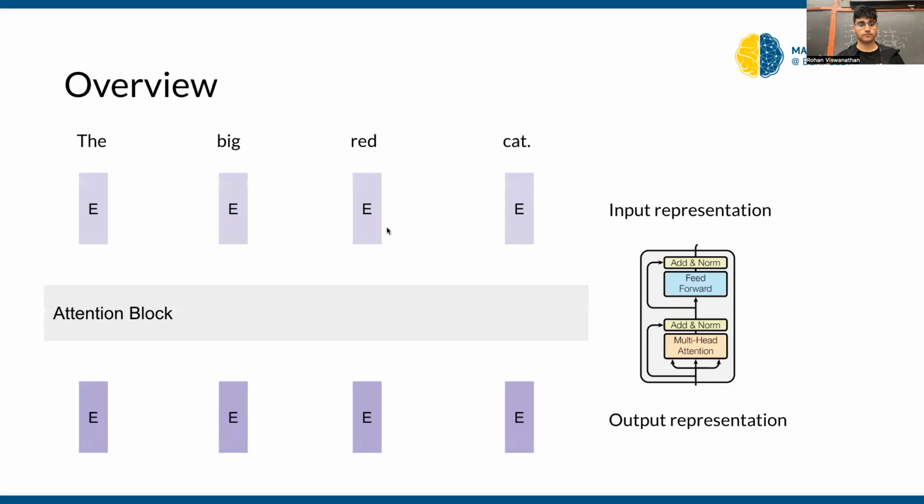All right, moving into the actual transformer model that's described in this paper. You have the big red cat, you have an attention block, and then a bunch of outputs that you want to come up with. Going through this process, you have a multi-head attention block, then an addition and normalization layer.